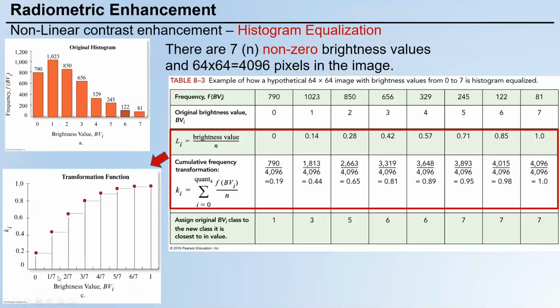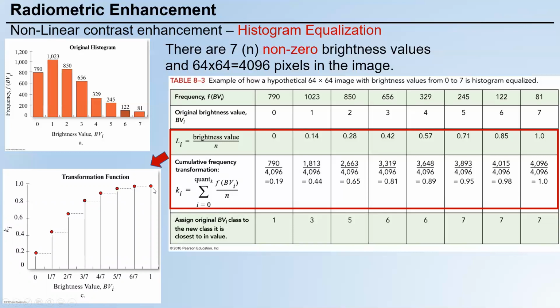And here it is actually from 0 to 1/7, 2/7 until 1. This is a ratio, not the original exact brightness value. The vertical axis here is the cumulative frequency from 0.19 to 0.44, 0.65 until 1.